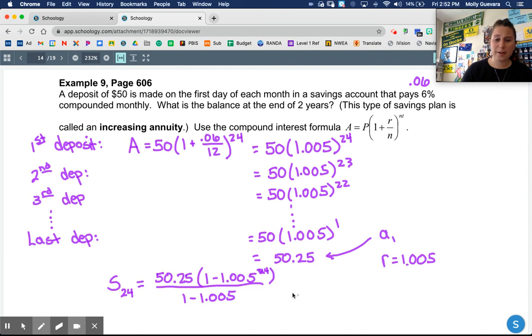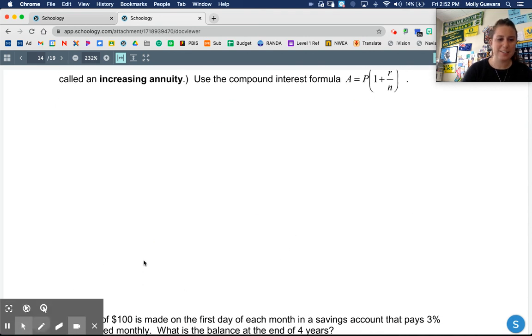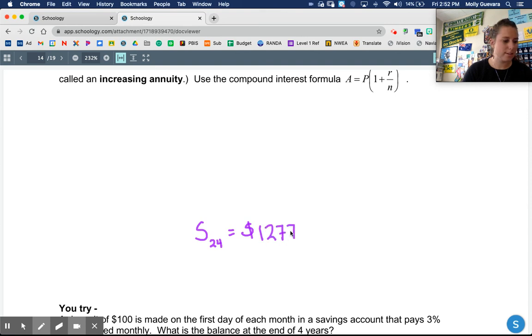And then I enter this into my calculator. I'm going to have to erase it, so hit pause if you need to. I enter this into my calculator, and I get the sum of the first 24 months is $1,277.96. So you've earned almost 78 cents in interest alone. Since it's a word problem, we have to write a sentence, right?